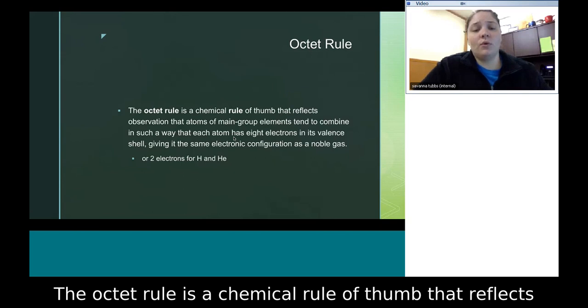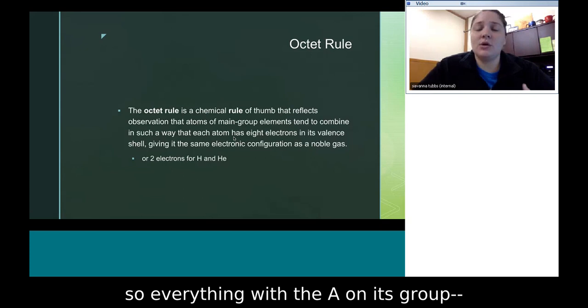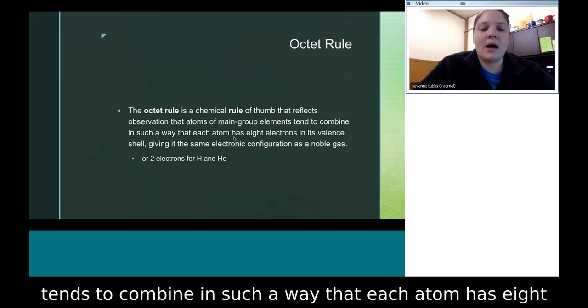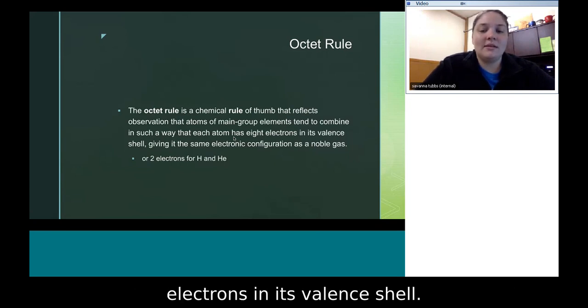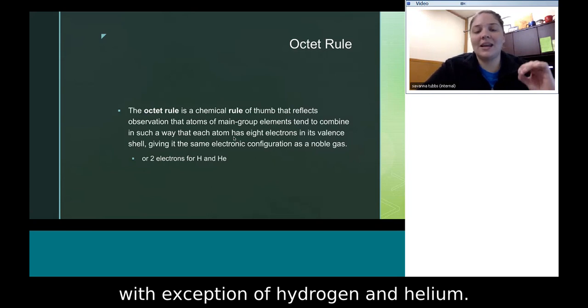The octet rule is a chemical rule of thumb that reflects observations that atoms of the main group elements, so everything with the A on its group, tends to combine in such a way that each atom has 8 electrons in its valence shell, giving it the same electron configuration as a noble gas, with exceptions of hydrogen and helium.